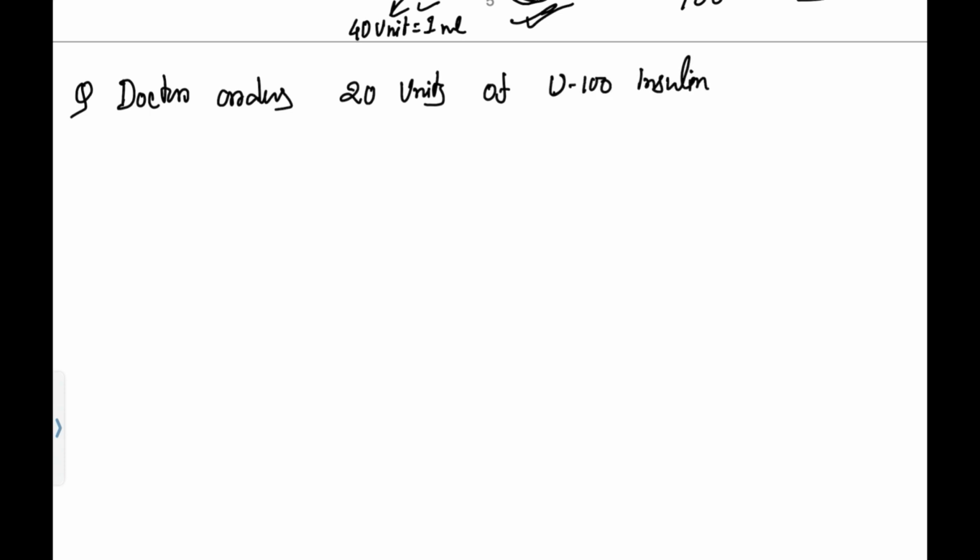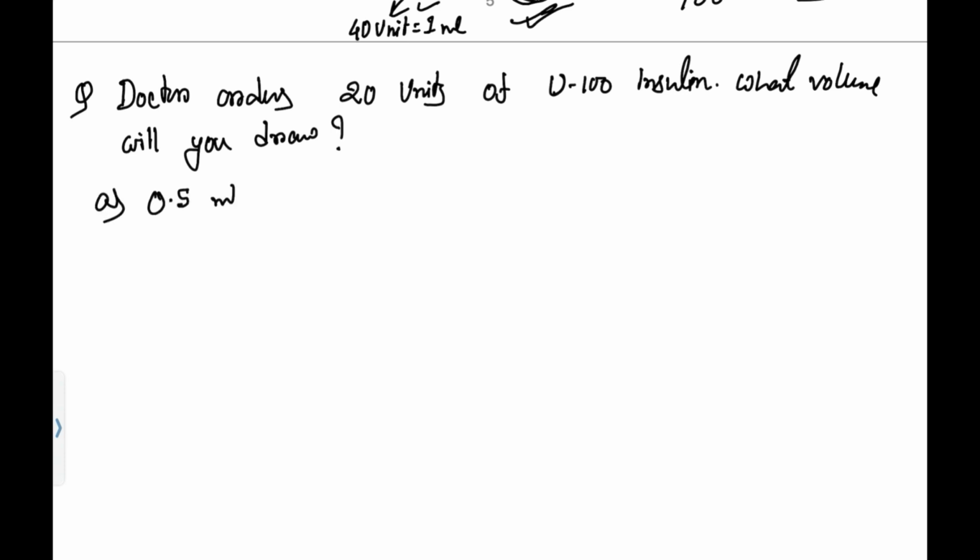The MCQ is: the doctor orders 20 units of U100 insulin, what volume will you draw? Options are A 0.5 ml, B 0.2 ml, C 1 ml, D 2 ml. So how will you calculate this?